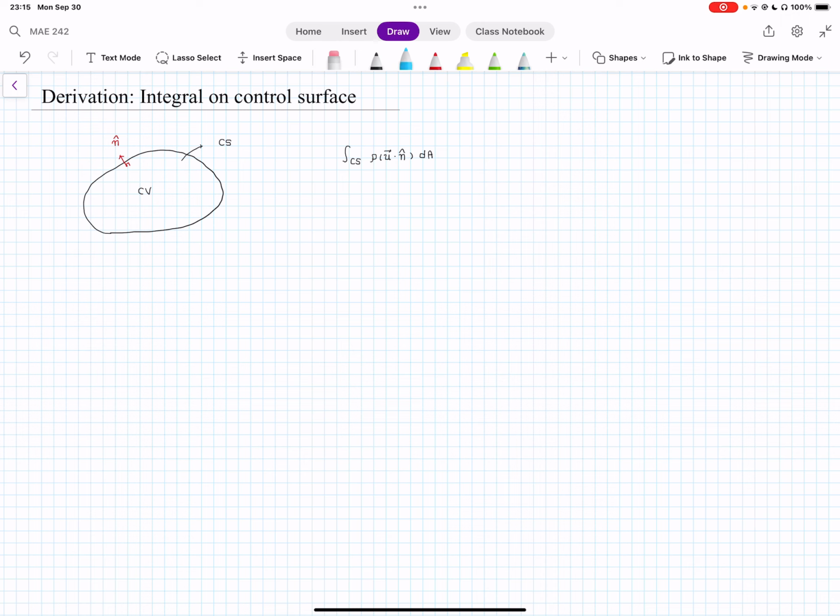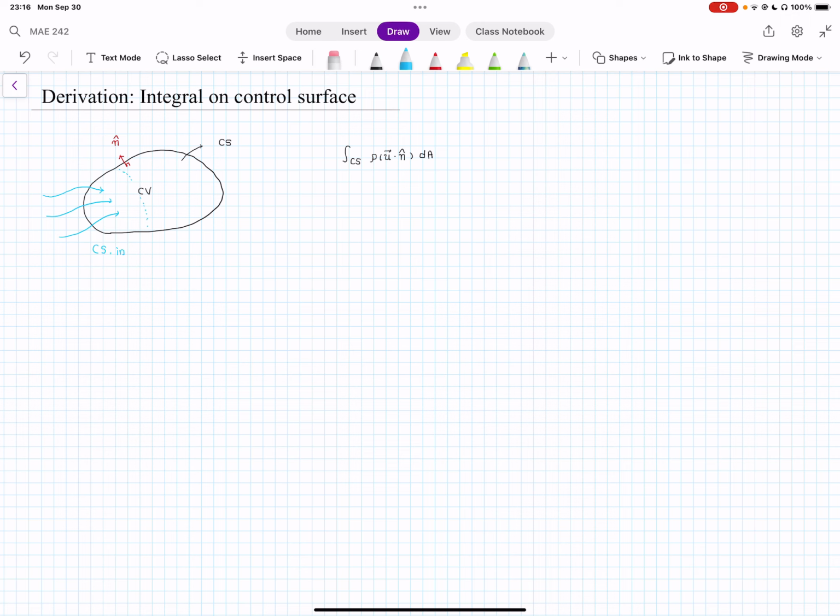On certain areas of the control surface, we have fluid particles going into the control volume. I'm going to call such an area CS in.